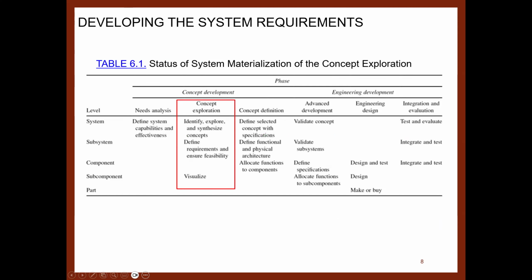If you remember, we have the different levels for our hierarchy. So now we are not only focused on the system level, the high level design, we are now going deeper into actually defining requirements for the subsystem and maybe start visualizing what the components and subcomponents are that are going to be used to develop these concepts.